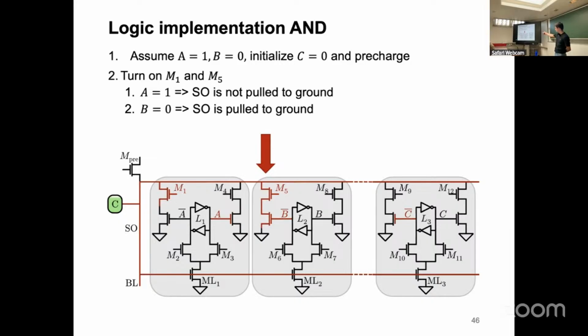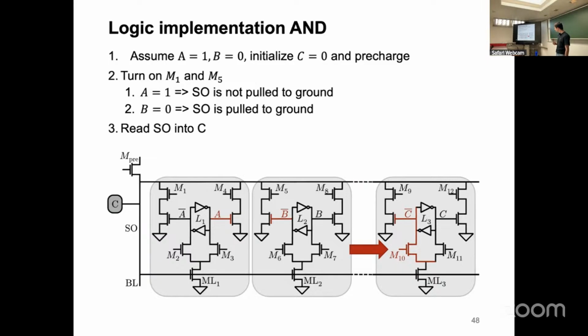However, since not B is at high voltage, the sense out line will drain to ground. And now we can just read the sense out value into C by activating M10.